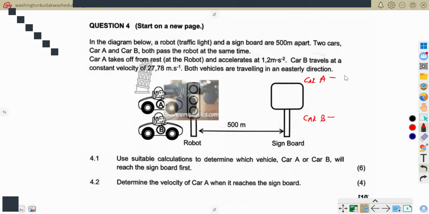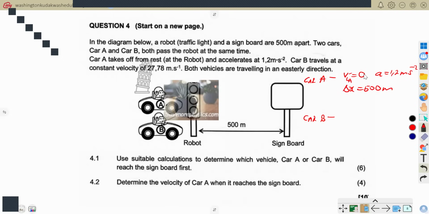So for car A, I have my initial velocity equal to 0, an acceleration of 1.2 meters per square second, and a change of displacement equal to 500 meters.